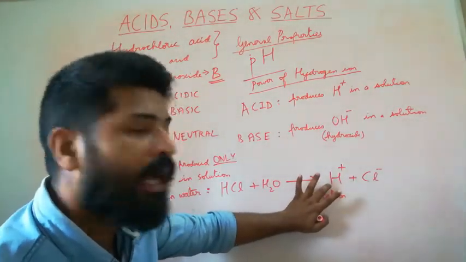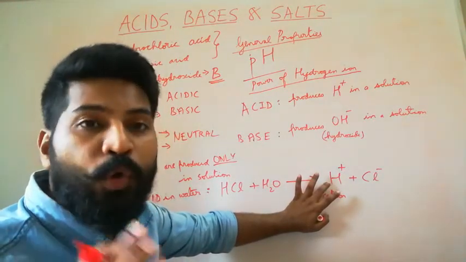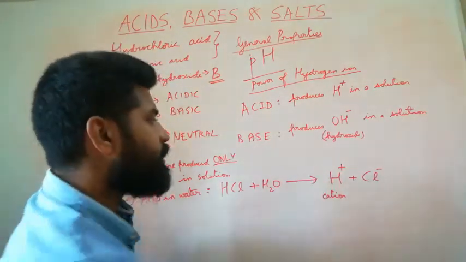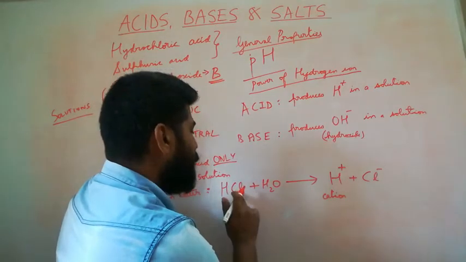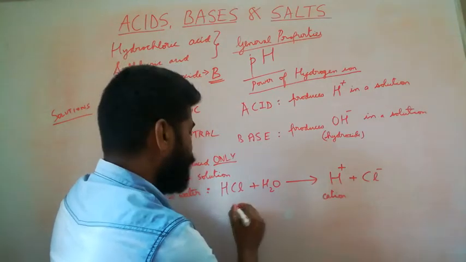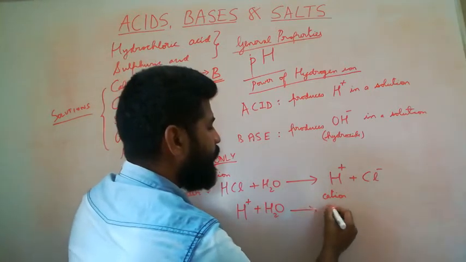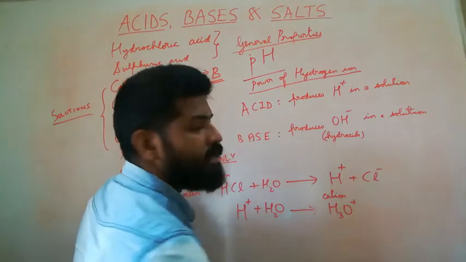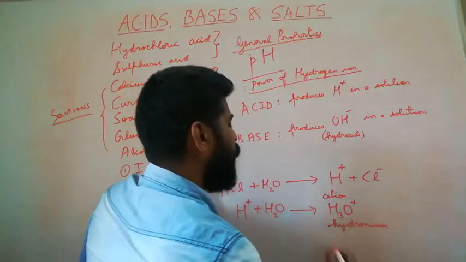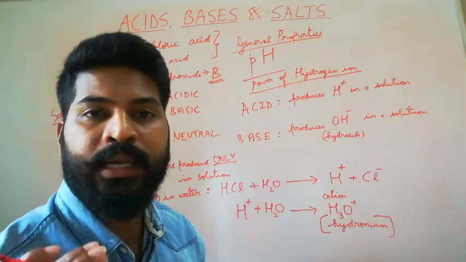Now the hydrogen ion that is produced cannot stay on its own. It cannot exist independently. So what happens is, as soon as you mix an acid into water, the hydrogen ion produced immediately combines with water and produces H3O plus, that is a hydronium ion, because H plus ion cannot exist independently.